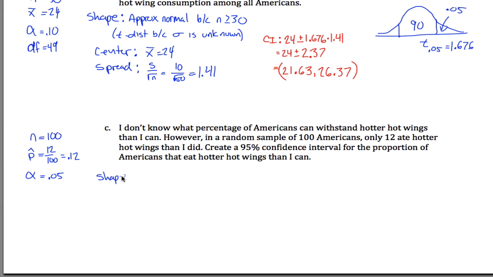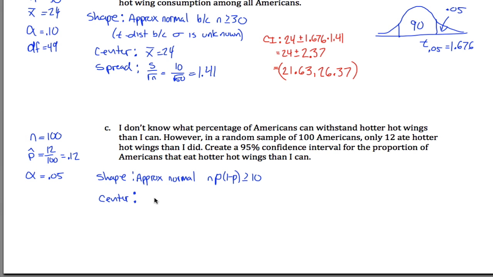Shape: it's approximately normal. Why? Because n times p times 1 minus p is greater than or equal to 10. Is that true? Yeah, n is large enough, 100, that'll make that work.